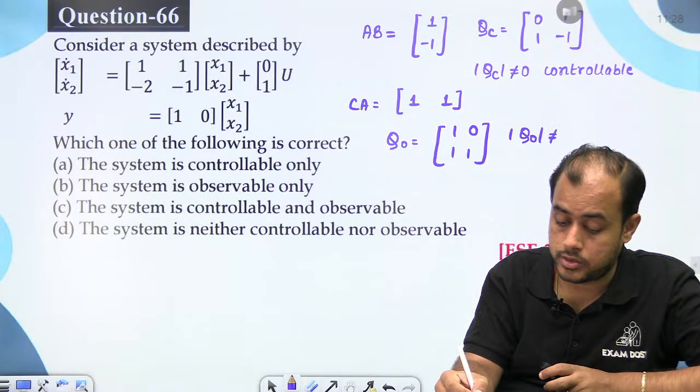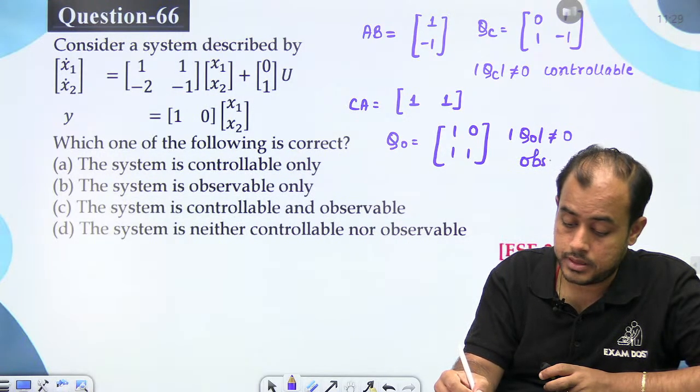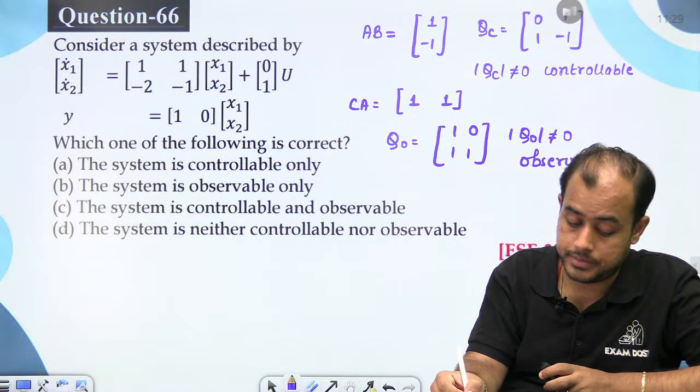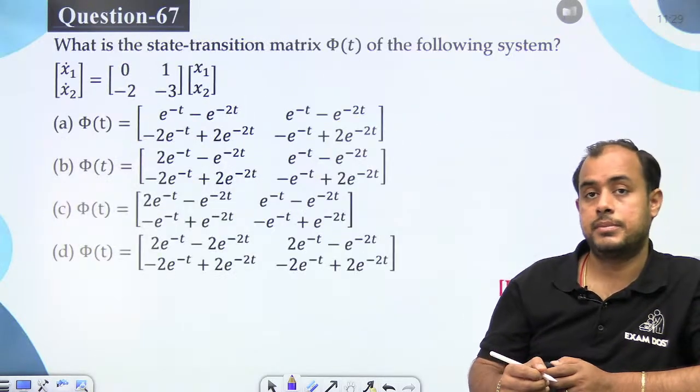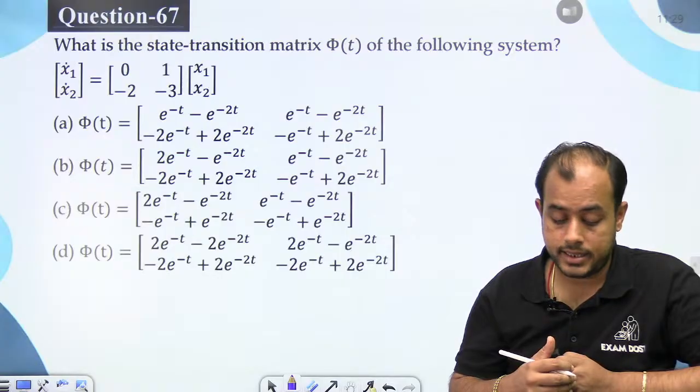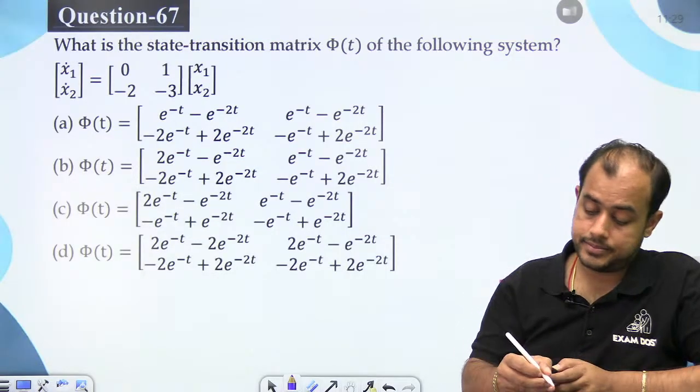Determinant of Q naught is also non-zero. It is observable. See, controllable and observable. State transition matrix.